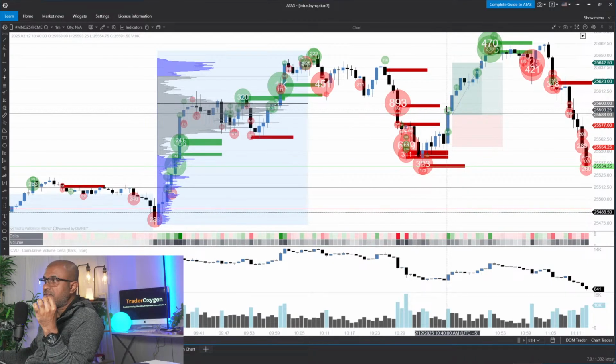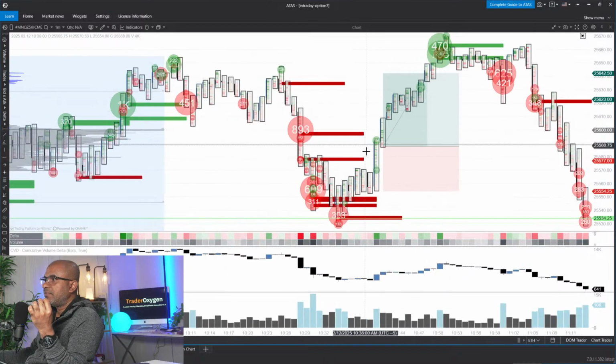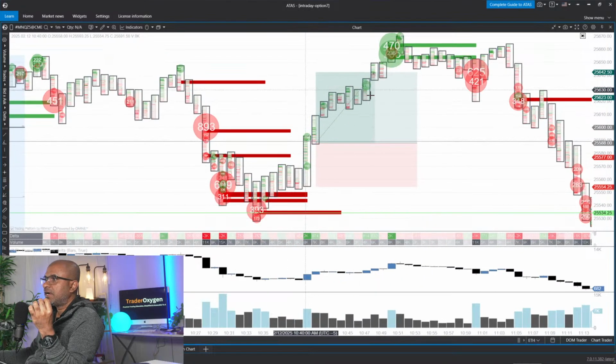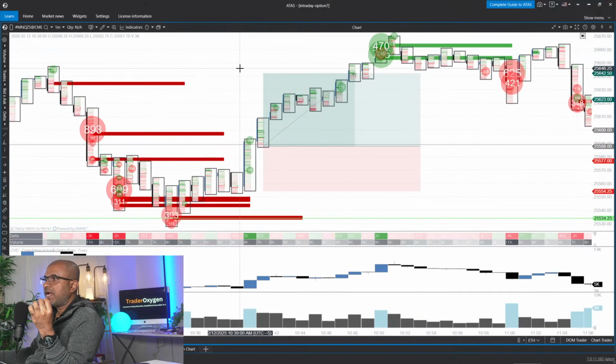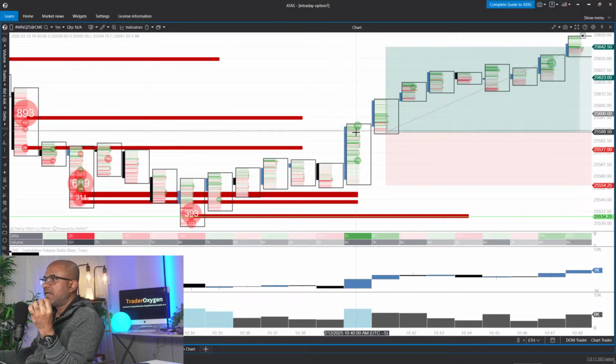If buyers are rewarded with a small effort, and if cumulative volume delta is bullish, and if it's a bullish candle supported with bullish order flow. So if I again go into the order flow footprint chart, you can see it's now green.